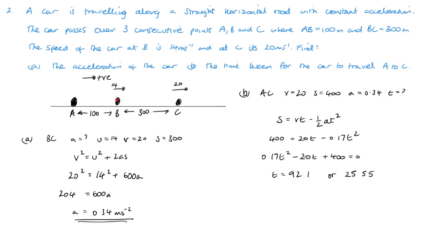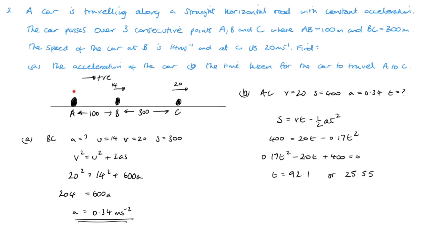When I work out the initial velocity at A, it is going to give me basically a positive or a negative answer. And because this is a car travelling along a straight road, unless the car was first reversing and then started going forwards, the positive answer would be the one that you want. So with a positive answer, it would take 25 and a half seconds.